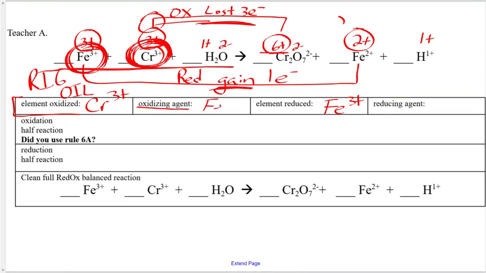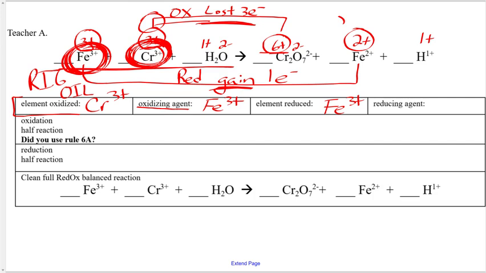So the Fe3 positive is the oxidizing agent. The Fe3 positive forced the chromium 3 positive to lose electrons. The Fe3 positive is the oxidizing agent.